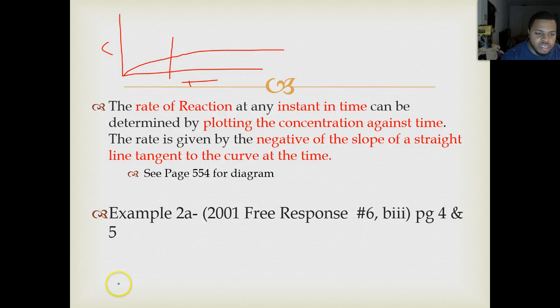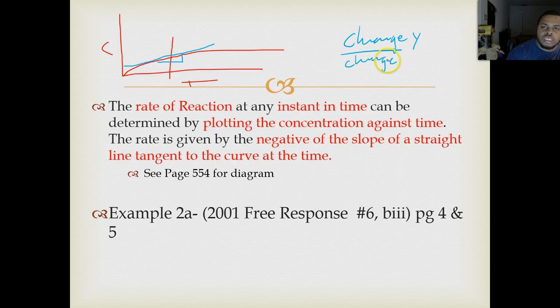A tangent line is going to touch only at that main point. I apologize for my horrible drawing, but what I'm going to do is get the slope of that line, the rise over run, so change in y over change in x.